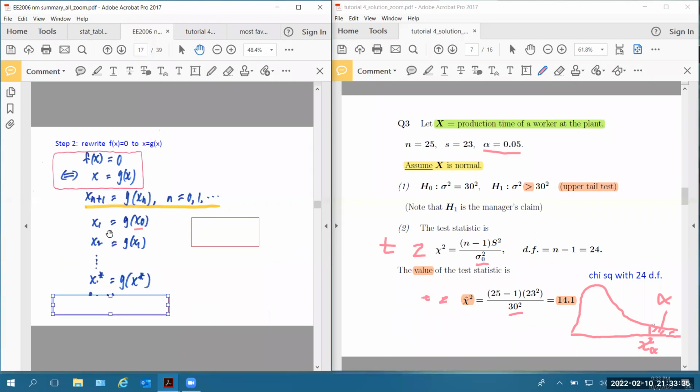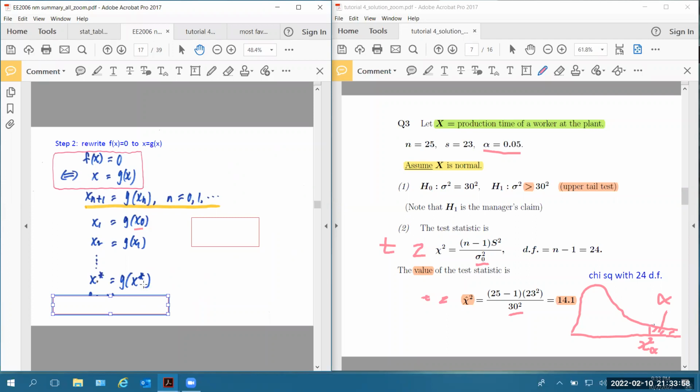Well, you're hoping that it will converge. Your x1, x2, it will converge to one number. Hopefully, it will converge to this root called x star. So if this converges to x star, then your x0, x1, and so on, will also converge to x star, right? That means you will get your equation like this.